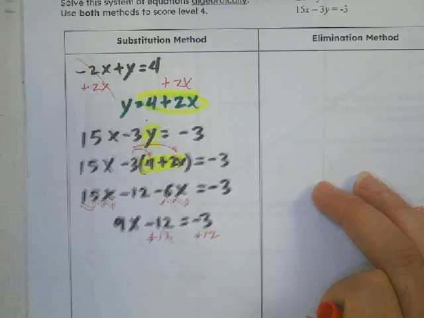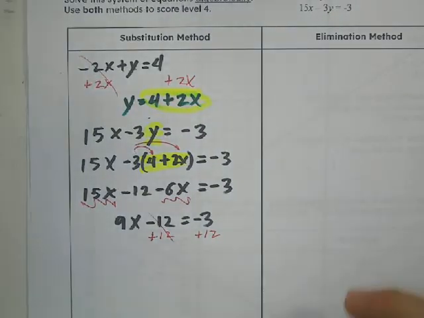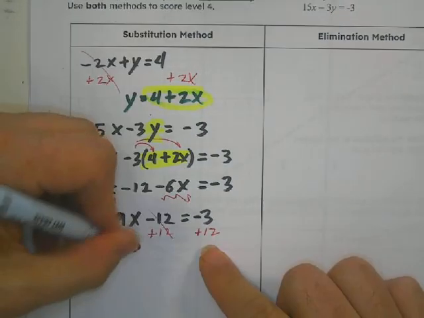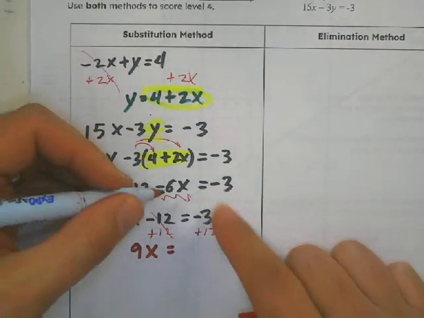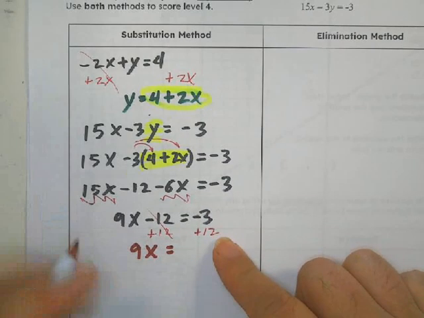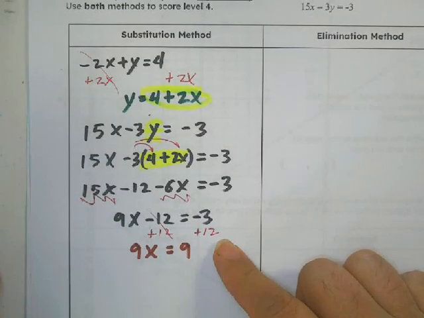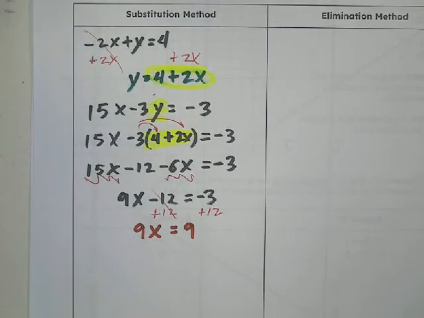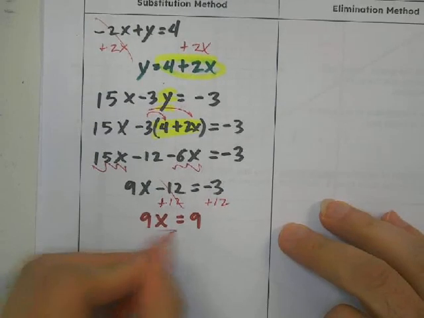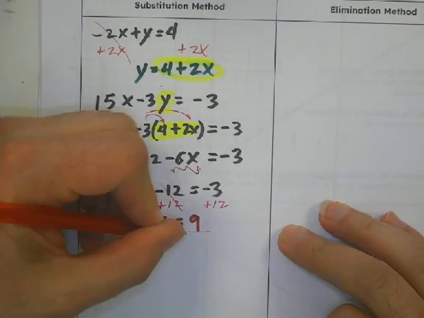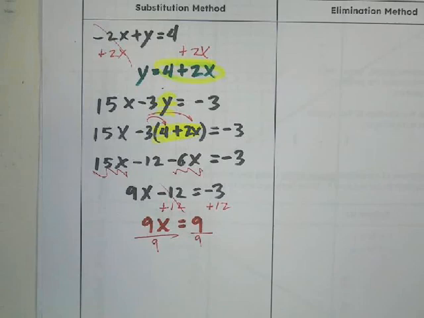And then I'm going to have 9x equals negative 3 and positive 12 is going to give me 9. And now I can divide both sides by 9. And then I'm going to get x equals 1.